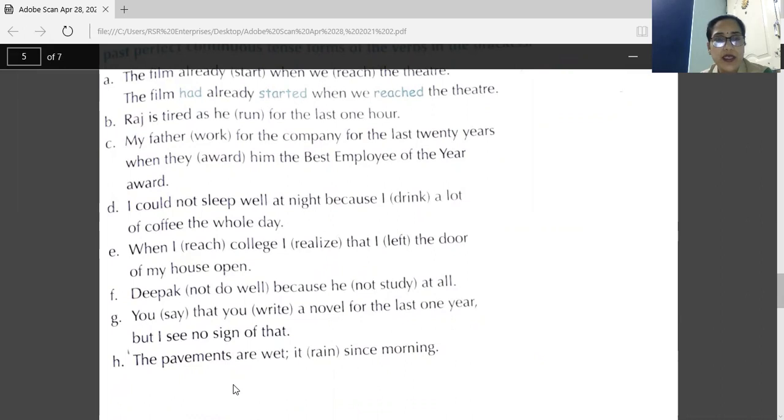Next one. The pavements are wet. It had been raining since morning. So this is your exercise.